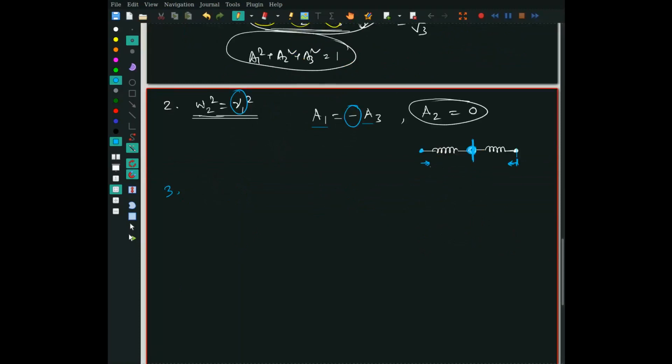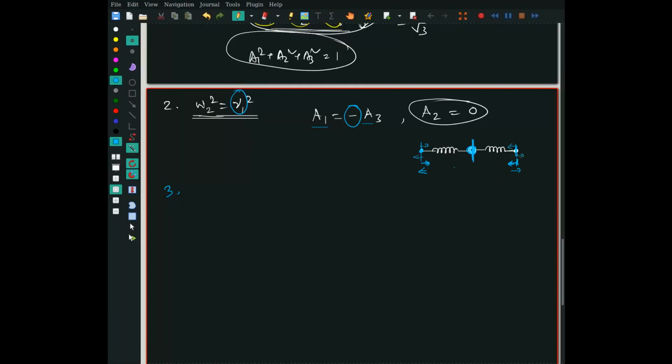Yes, of course, but it's the same thing, right? When it oscillates, basically it says that this and this point are at the opposite phase. When this moves in this direction, this has to move in this direction, and when this moves in that direction, it has to move in that direction. That's it.